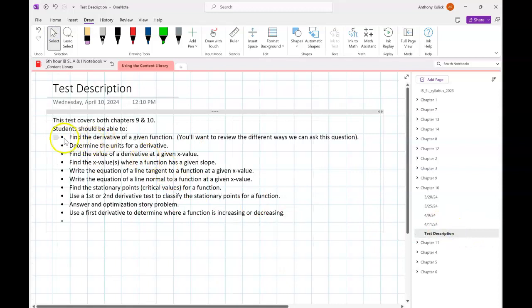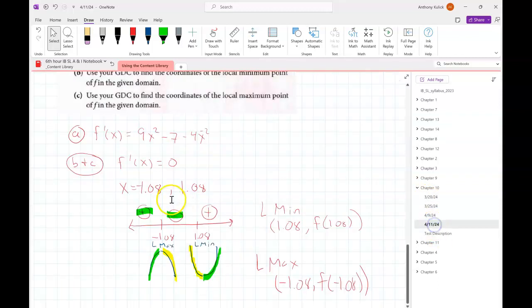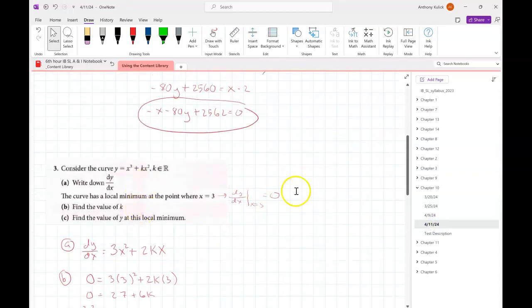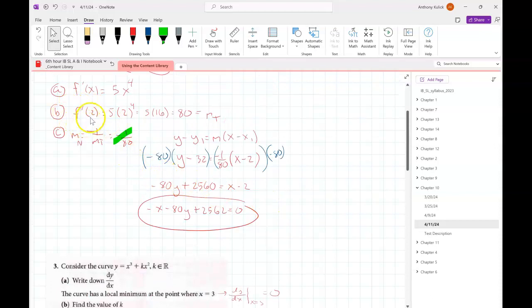So again, find the derivative, right? And we talked about whether you want to call that dy dx or f prime of x or s for a slope function or whatever. We'll talk about units here in a second. Value of a derivative at a given x value. We did that like 3 times, right? We're just plugging the x into the derivative.